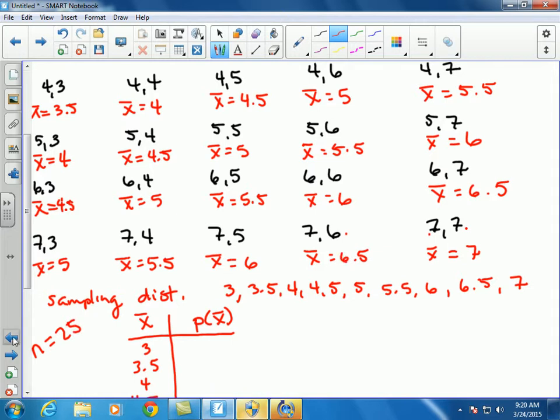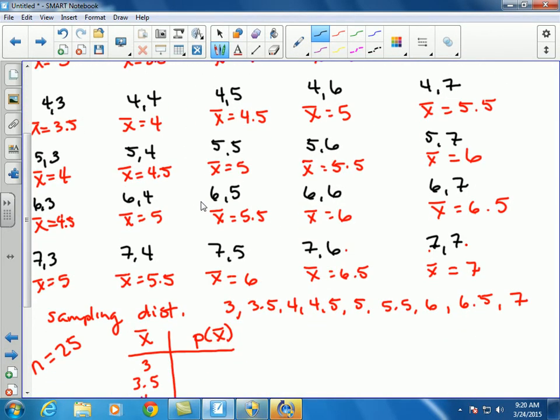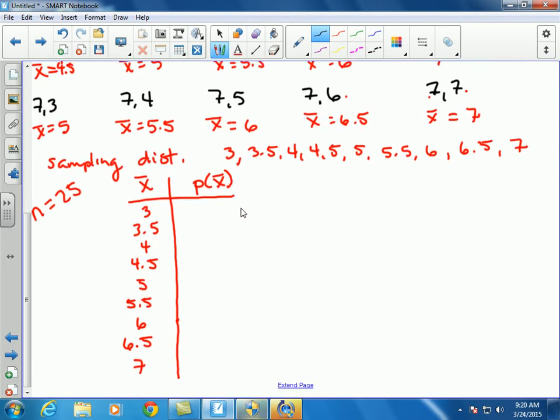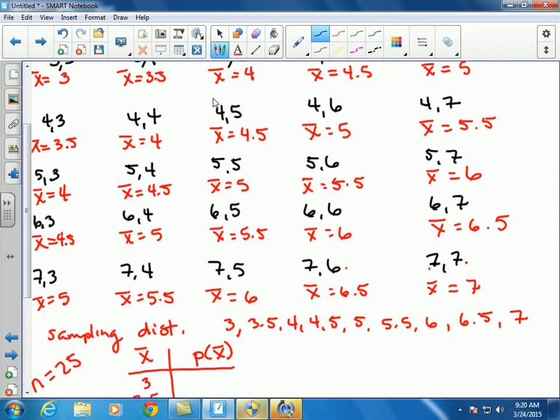Whereas previously in this distribution, N is 5, right? So there's 5 of those there. And we also could do the mean and all of that then. But here in this distribution, if we go down here, we can get the probability, right?